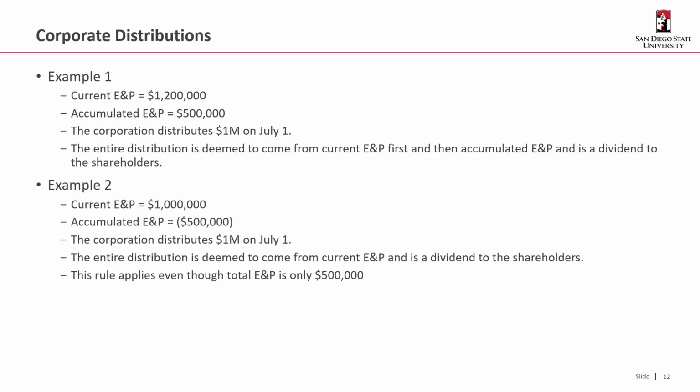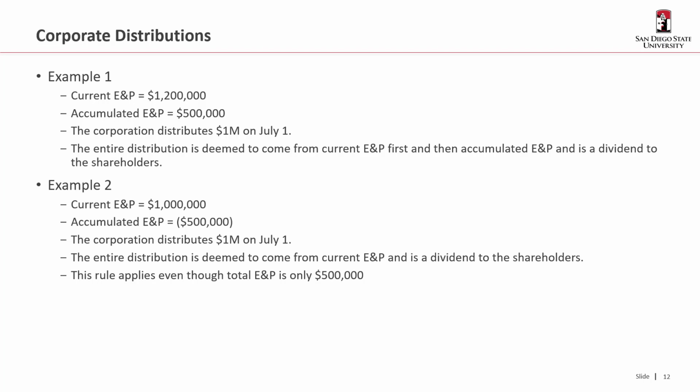Okay, example 2. I've got positive current E&P and I've got negative accumulated E&P. So positive current E&P $1 million, negative accumulated E&P of 500,000, same distribution of $1 million on July 1. So when I have positive current, negative accumulated, the entire distribution is deemed to come first from current E&P.